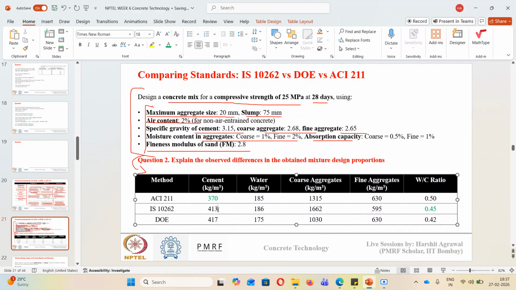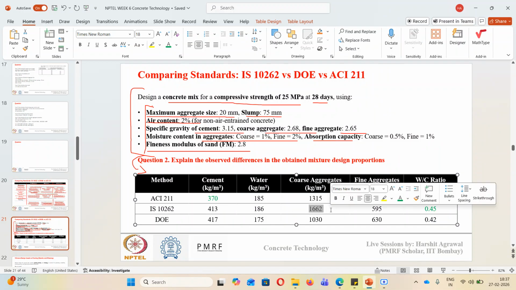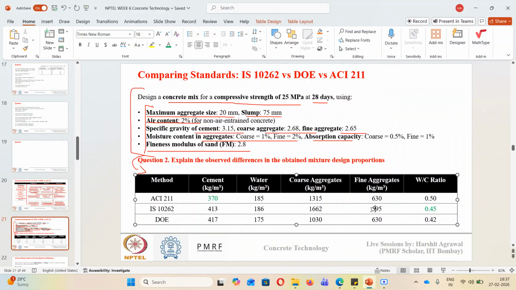While the IS method requires high cement for durability and a good proportion of coarse aggregate also in its composition. So each method has its own advantages and limitations, and the whole proportioning is based on the durability needs, the regional demand, and the cost considerations also.